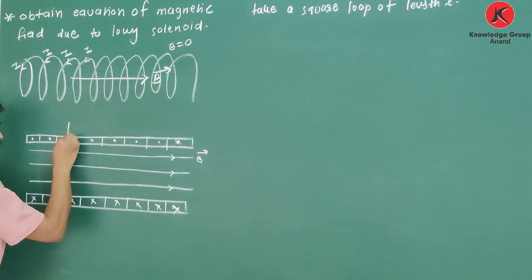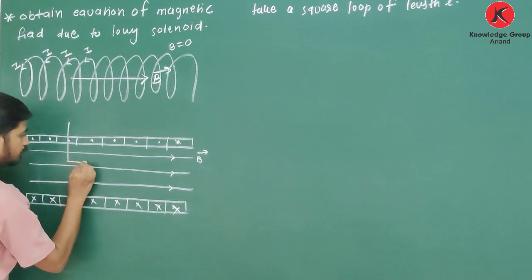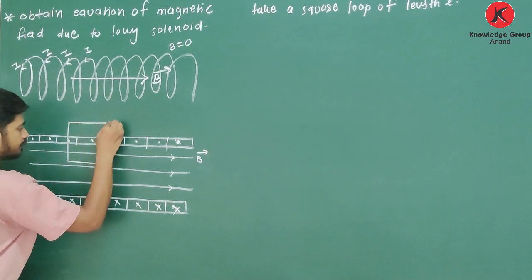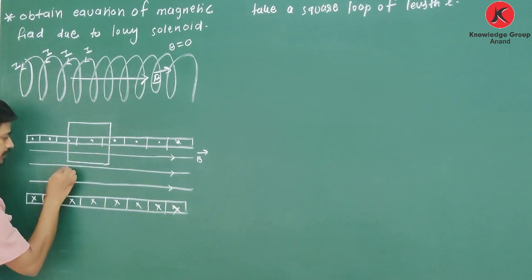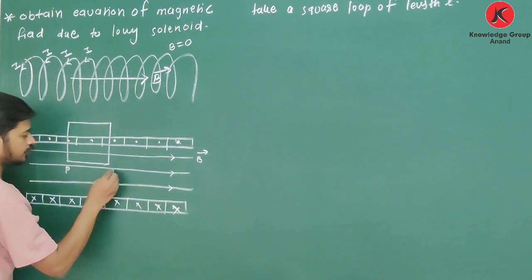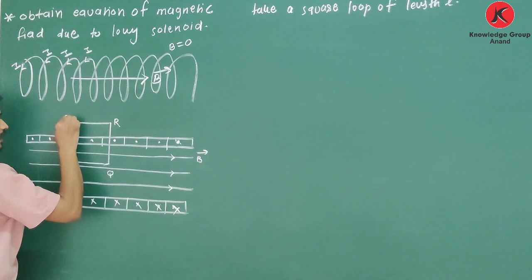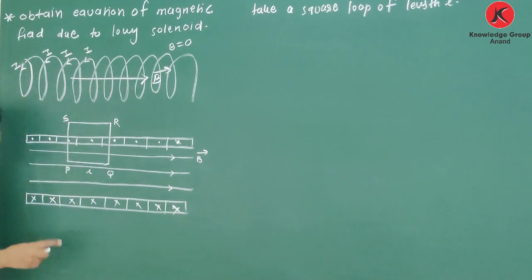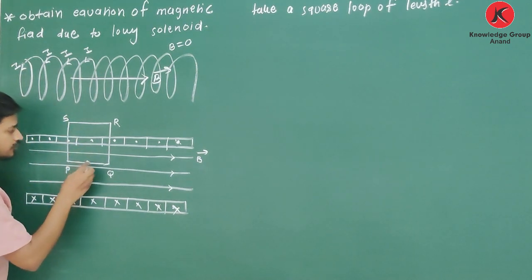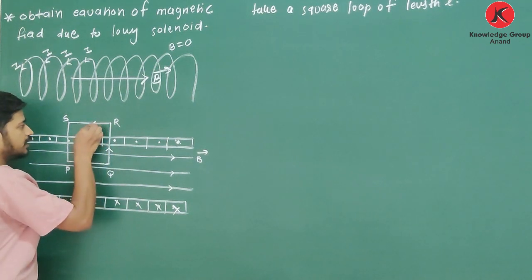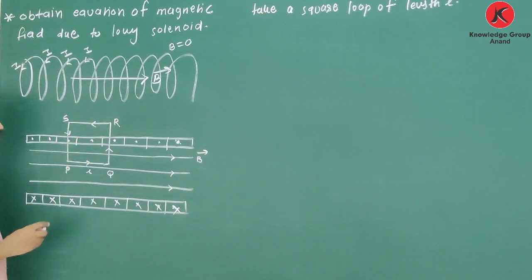See, it is one square loop, P, Q, R, S. Length is L. And then I am taking elements in this direction. Clear about this? So it is one square loop as shown in the figure. Now we will apply Ampere's circuital law.